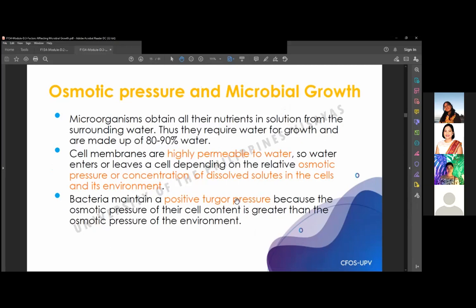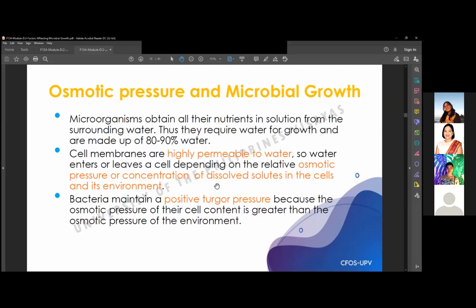All right. So we have discussed in our previous lecture that microorganisms can also adapt to the varying osmotic pressure. Microorganisms obtain their nutrients in solution from the surrounding water, and cell membranes are highly permeable to water. So water can enter or leave the cell depending on the relative osmotic pressure.